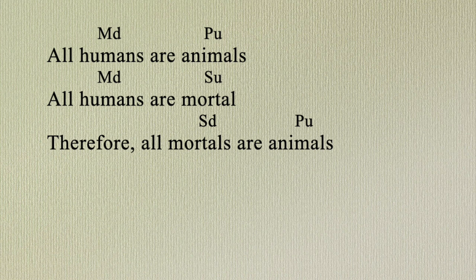Here's our P term, animals. That's undistributed, but that's okay because it was undistributed in the conclusion. But look at the second premise. S here is undistributed. So here the S term, the minor term, is distributed in the conclusion but undistributed in the premises.